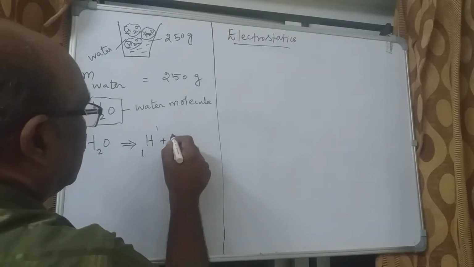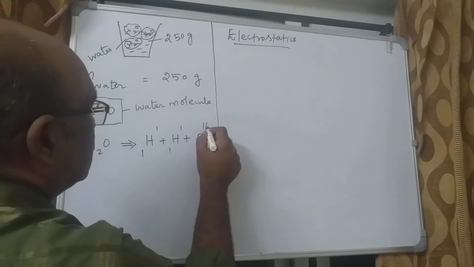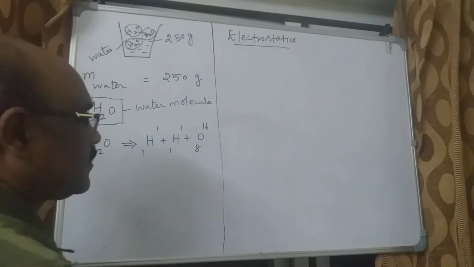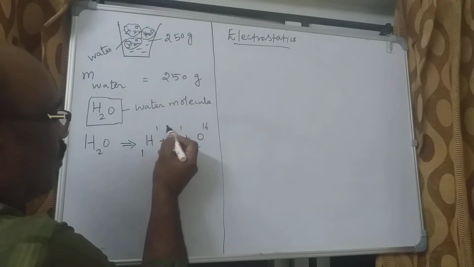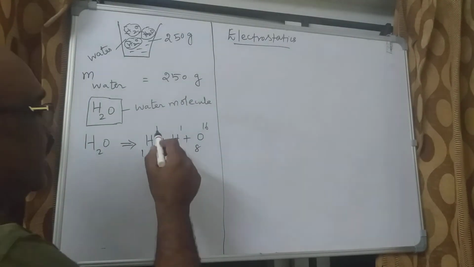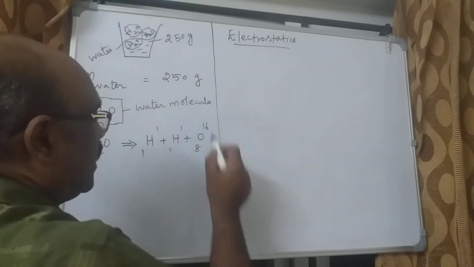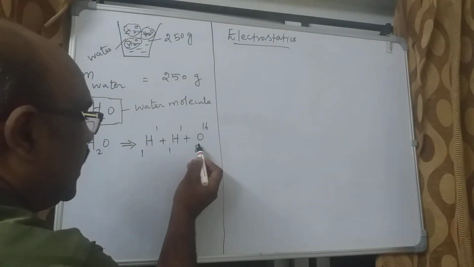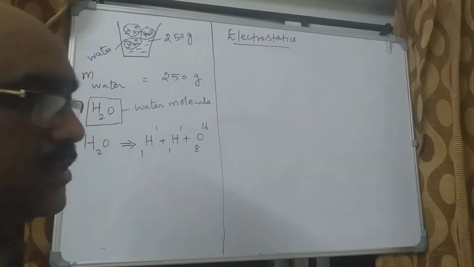H(1,1) plus H(1,1) plus oxygen (16,8), where this 1, 1 and 16 are nothing but the mass number. So, this is the mass number, whereas the numbers down here are the atomic numbers.